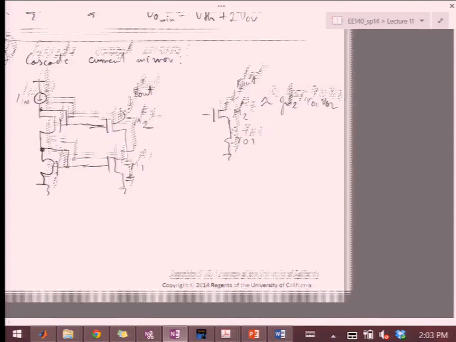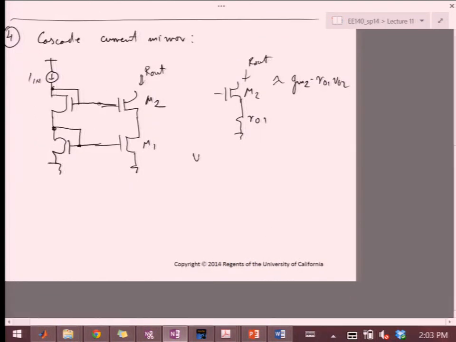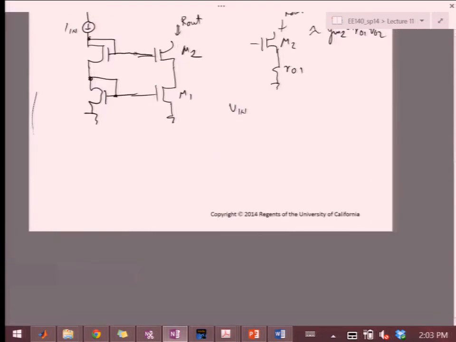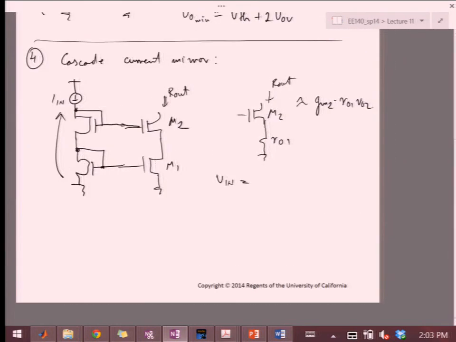Okay, so let's take a look at the V in and V out. What is V in? We can't go through M1.